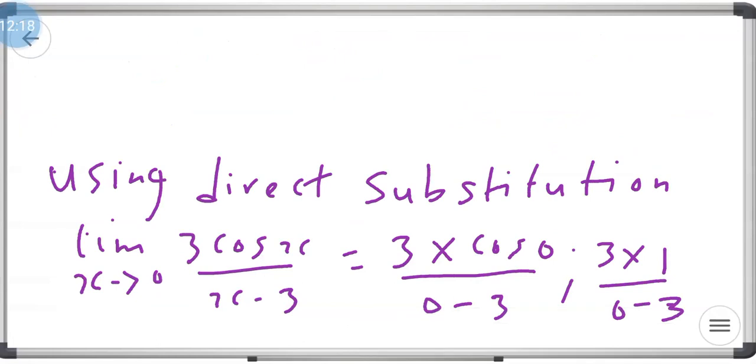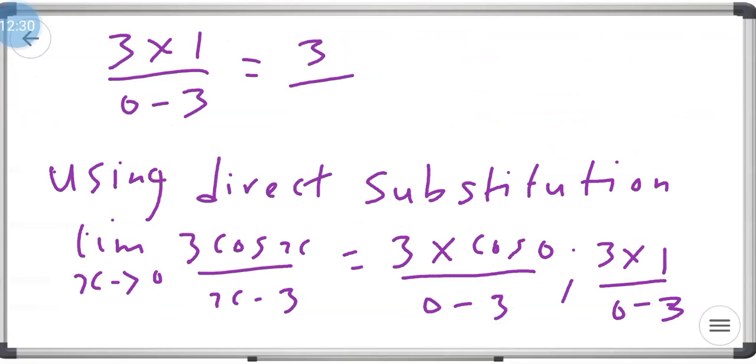So quickly, now from here we can have 3 multiplied by 1 all over 0 minus 3. Now 3 times 1 is 3, all over 0 minus 3, that is minus 3.